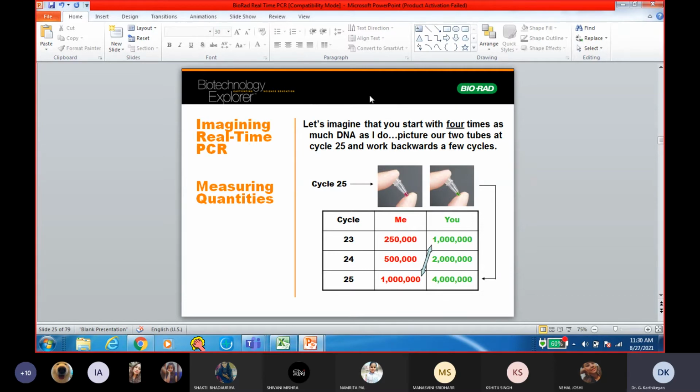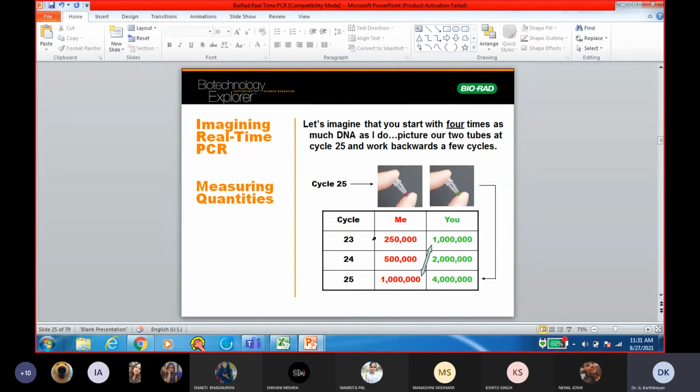So let's see what happens in cycle 23. As we saw in our previous calculation, at cycle 23 you're supposed to have 250,000. Cycle 24, you will have 500,000. Cycle 25, you will have 1 million. Because you started with 4 times higher template, you are going to have amplification at a much faster rate.